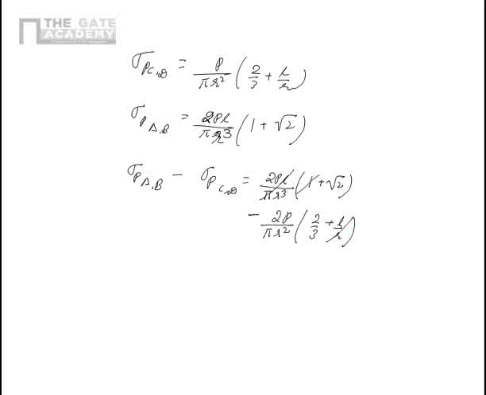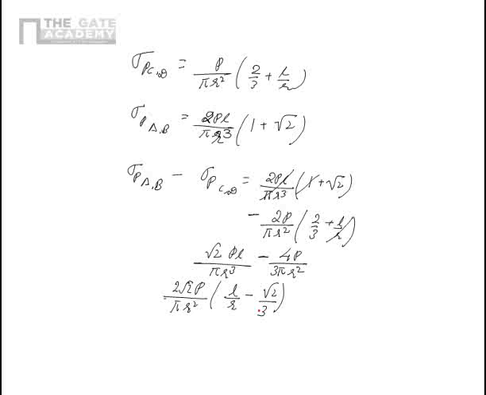Rather, I'll just say this term. So this becomes 2 square root 2 pl upon pi r cube minus 4p upon 3 pi r square. If I take 2 root 2 p upon pi r square common, this becomes L upon r minus square root 2 by 3.